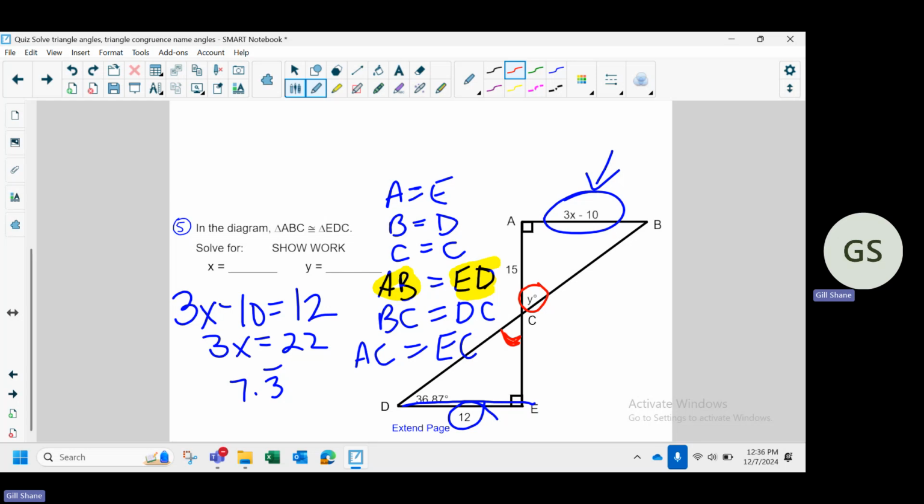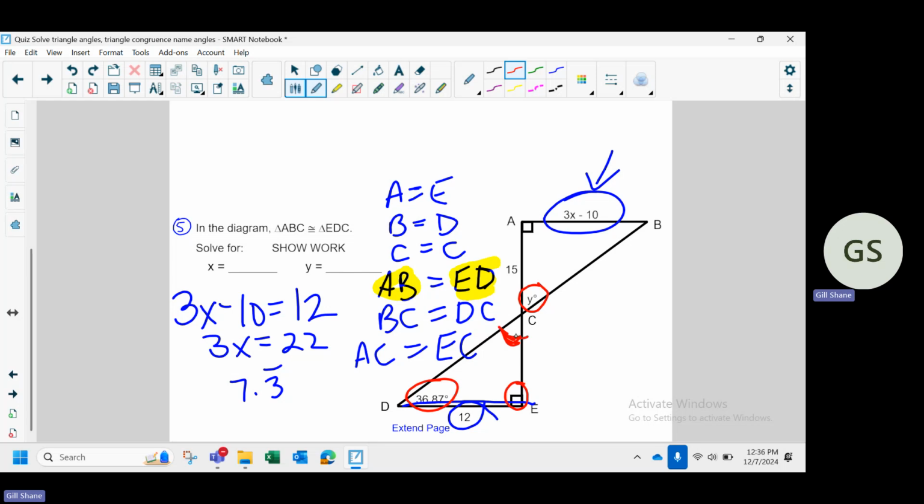So I got to figure out, how do I solve for that angle? So I have an angle down here. I don't see another number, but they give me that. So you should know this circle with the little box in it, that means that is 90 degrees.